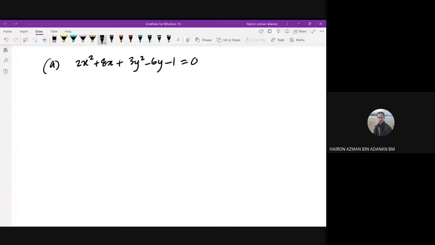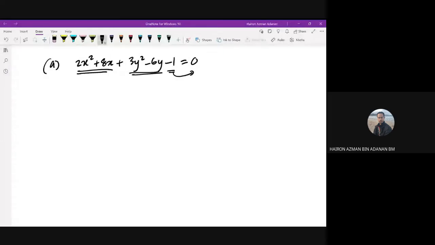Now, one idea is to collect x, y, and move the rest to the right. You can shift the value to the right, no problem. If you don't do it now, you can do it later. I prefer to put the value on the right side. So x and x, y and y.